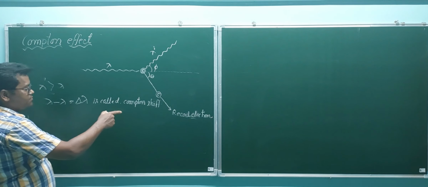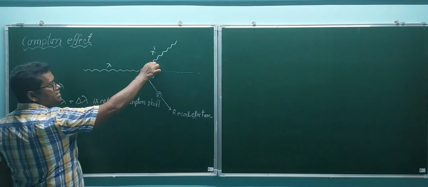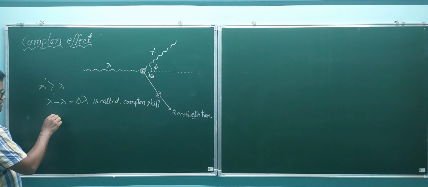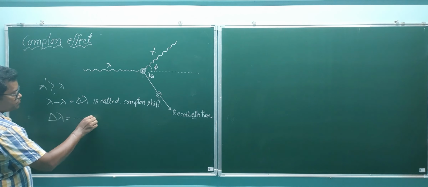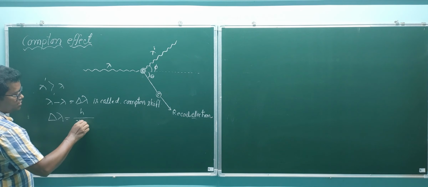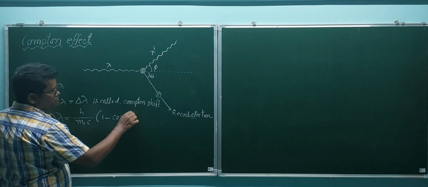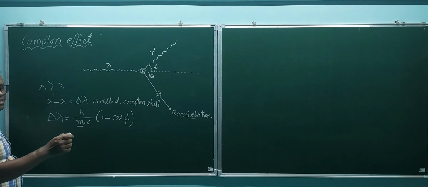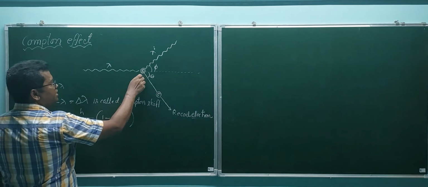Compton observed that this Compton shift is given by del lambda equal to h by m naught c into 1 minus cos phi. What is m naught? It is the rest mass of the electron.